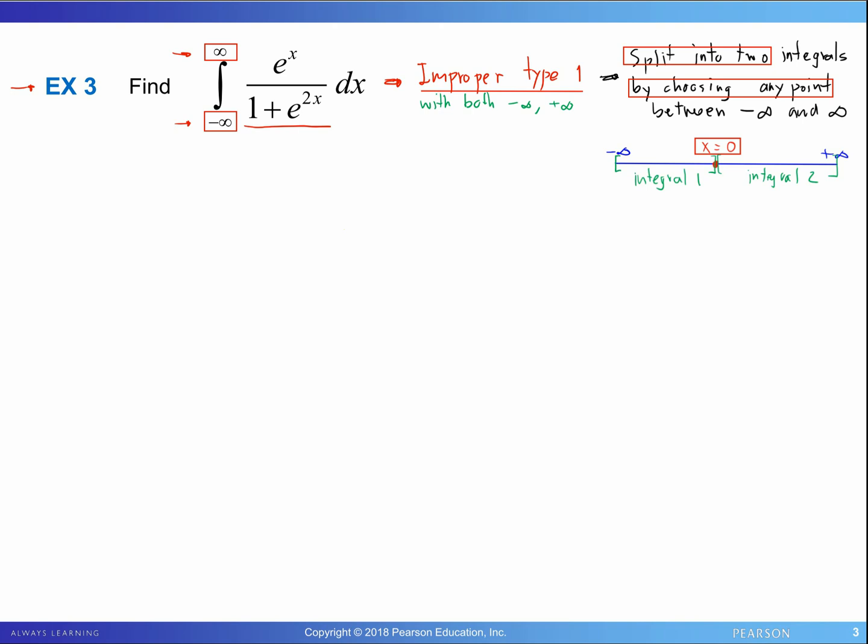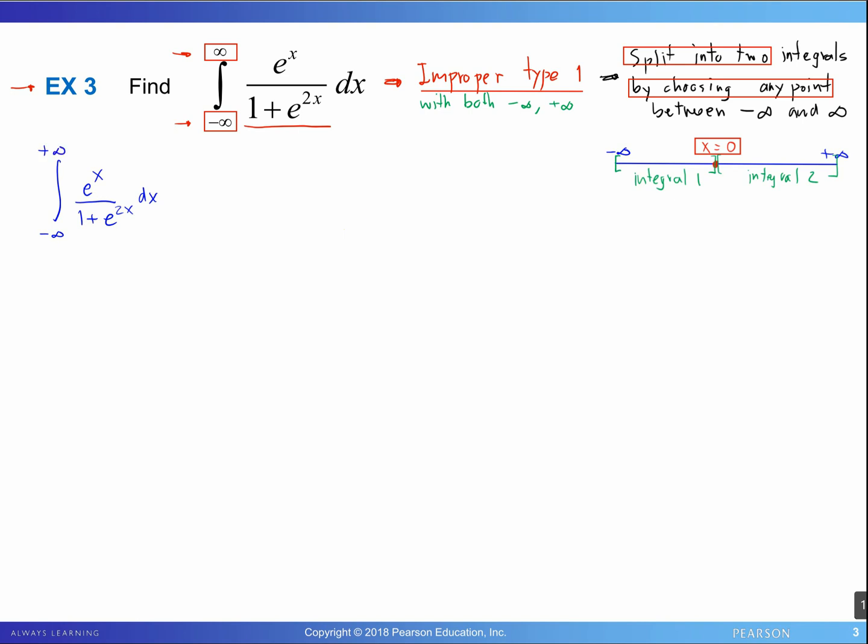So we start off with this integral of e to the power of x divided by 1 plus e to the power of 2x dx from negative infinity to positive infinity.